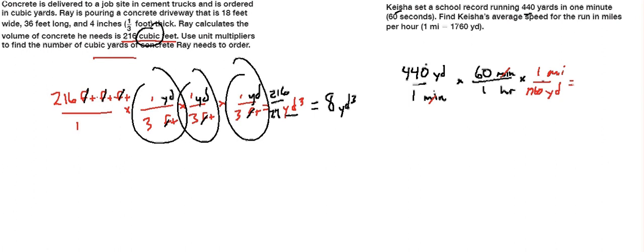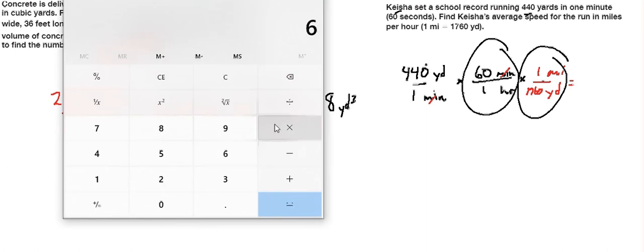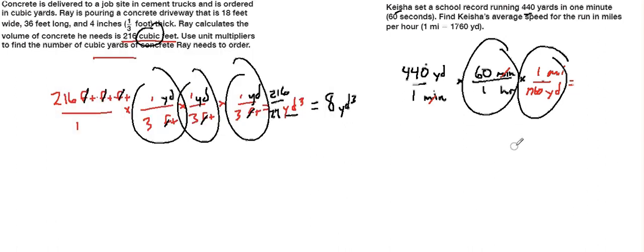So basically what we need is 1 unit multiplier to get minutes to hours and 1 unit multiplier to get from yards to miles. Then we multiply this out. 6 times 440 divided by the 1760. Her average speed is 1.5 miles an hour.